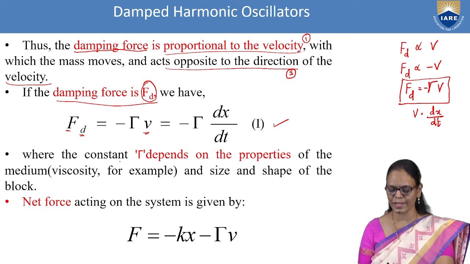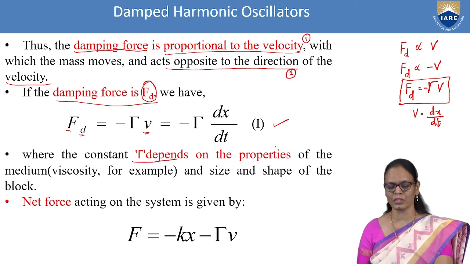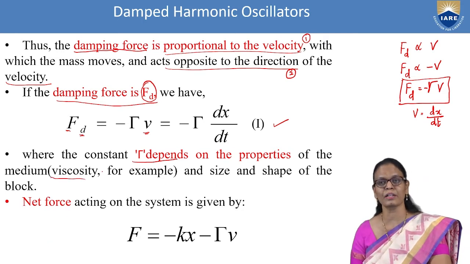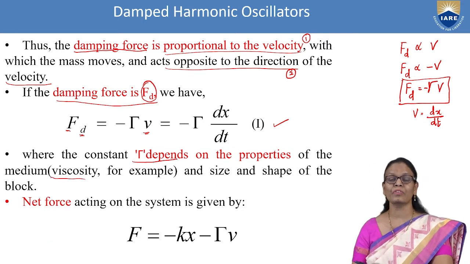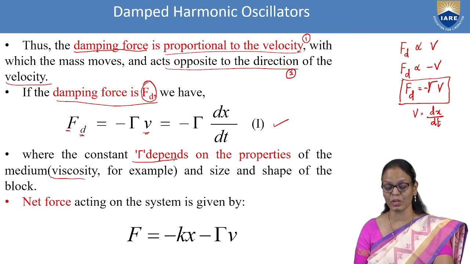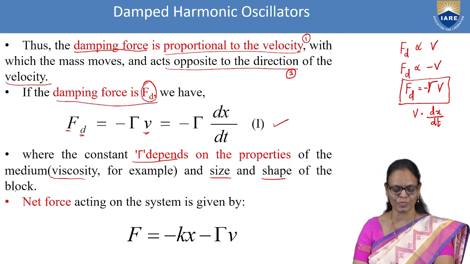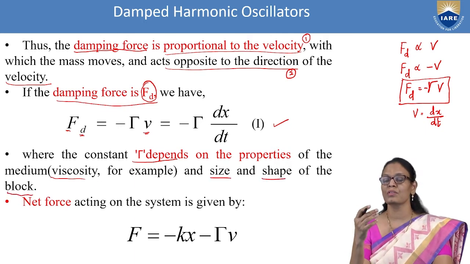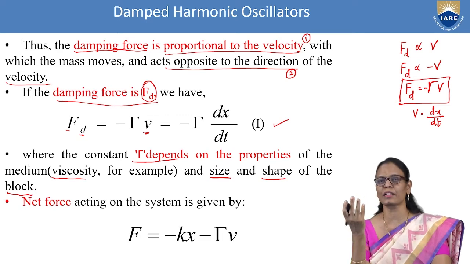And this constant gamma depends on the properties of the medium, that is viscosity. For example, here we have taken oil and with different viscosities we have seen. So gamma depends upon the medium, like the viscosity, or the shape and size of the object. Now we have taken a block. So we may take a block which is spherical in shape.